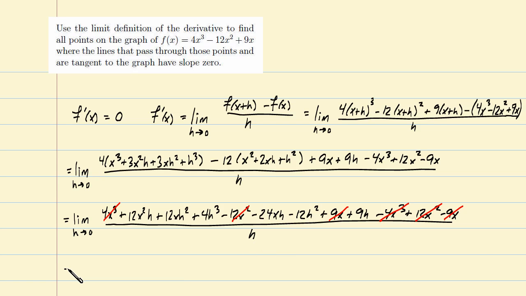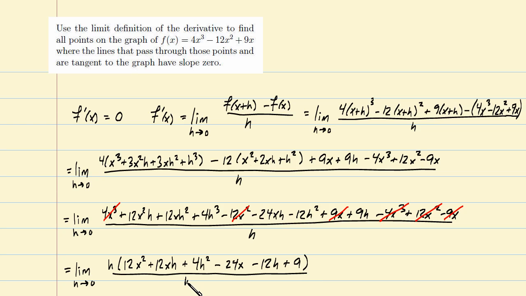So doing that, we have the limit as h goes to 0 of h times 12x squared plus 12xh, don't forget there's 1 left over there, plus 4h squared, 2 left over there when we pull one of them out, minus 24x minus 12h, and finally plus 9, all of that over h. And our wish has come true. Our factor of h cancels in the numerator and the denominator.